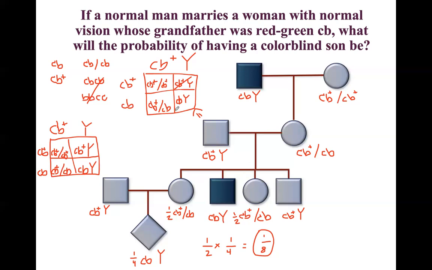So this 1/2 is not 2/4, which is what some of you may have thought. It's actually 1 out of 2, because there were 2 possibilities, and one of those is where she could be a carrier right here.